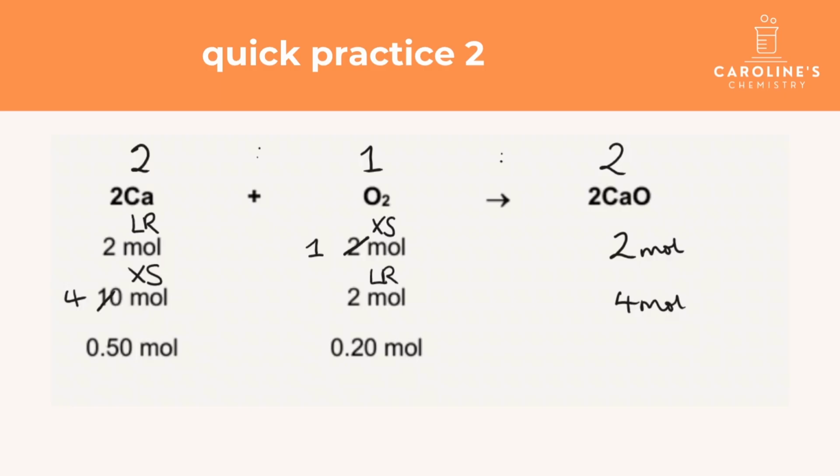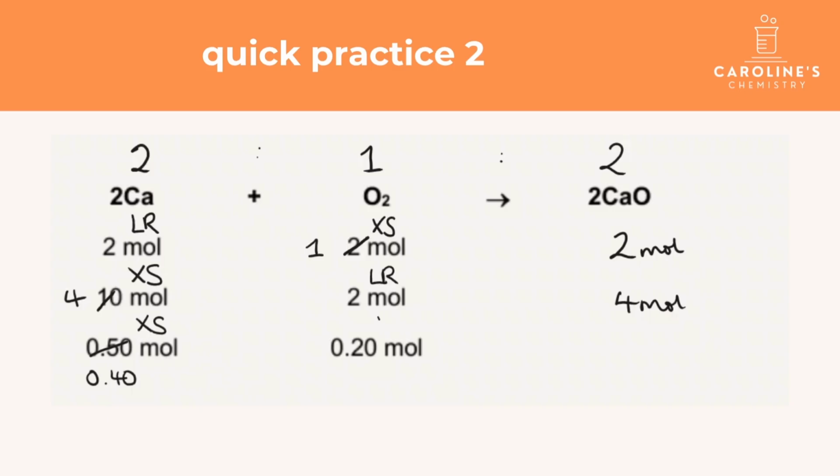So instead, let's work with the oxygen. 0.2 moles of the oxygen will react with 0.4 moles of the calcium. We had 0.5. 0.4 reacted. We have some left over, and therefore this reagent, the calcium, is in excess.